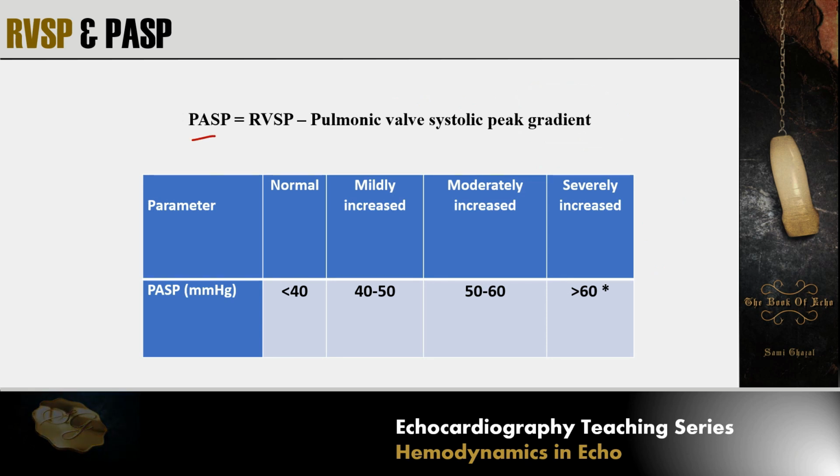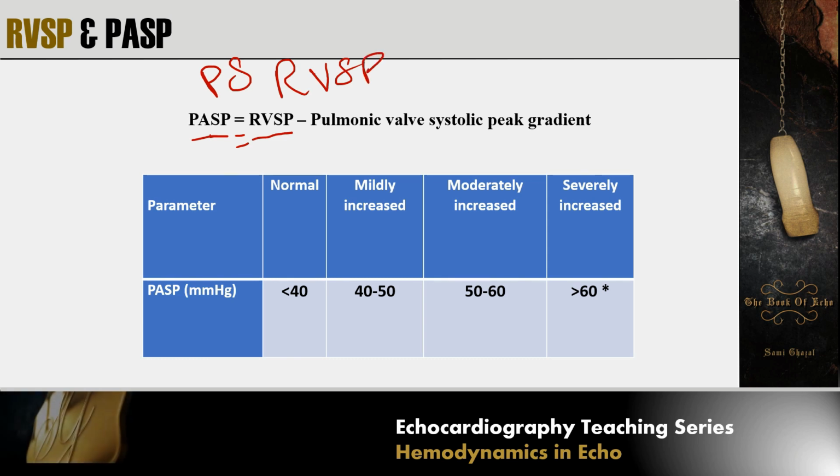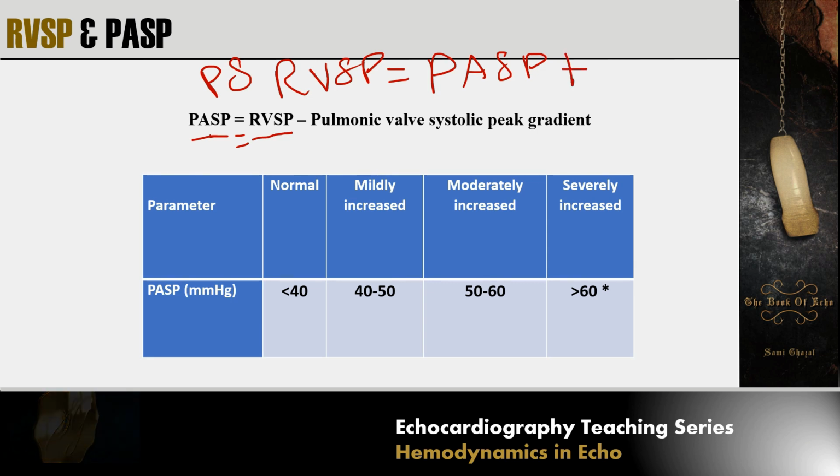Pulmonary artery systolic pressure is exactly the same as RV systolic pressure, and it will equal the RV systolic pressure given that there is no pulmonary stenosis. In case there is pulmonary stenosis, the case is different. Now RVSP, RV systolic pressure, equals pulmonary artery systolic pressure plus the pressure gradient between them.